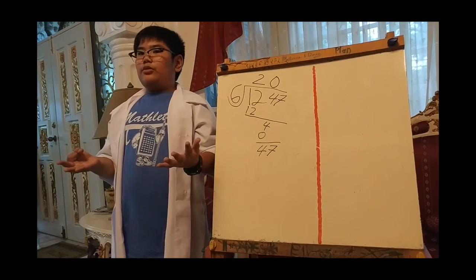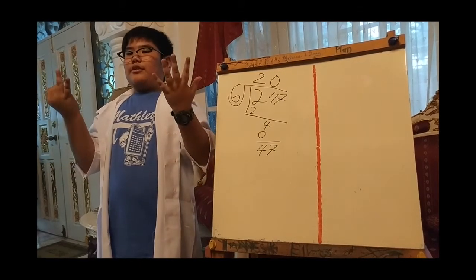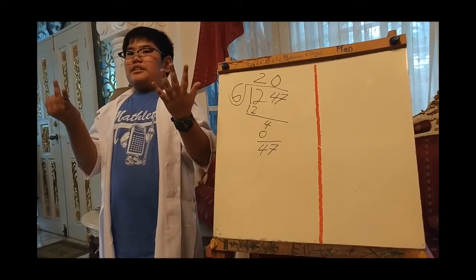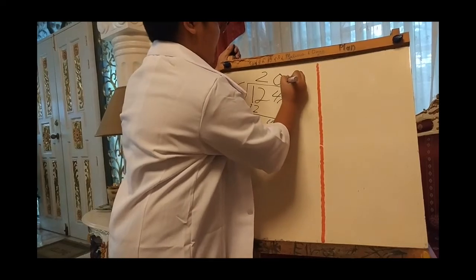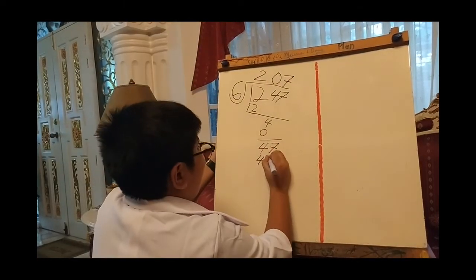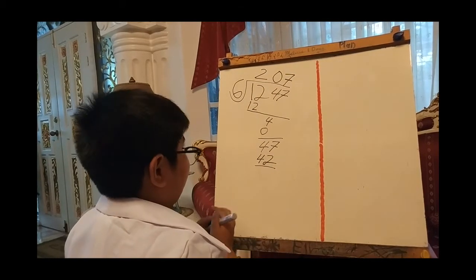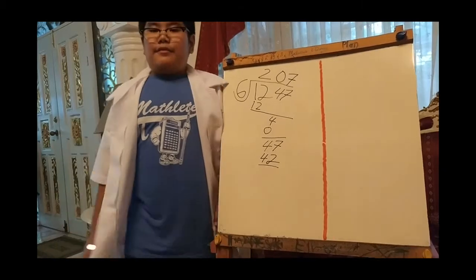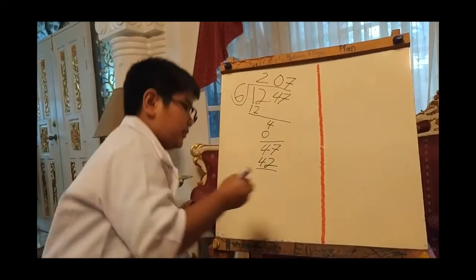I accidentally went over 47. 42 is the nearest, which means 7 groups of 6. Therefore, I put 7 on top of the 7 ones and 42 under 47. 47 minus 42 is 5.